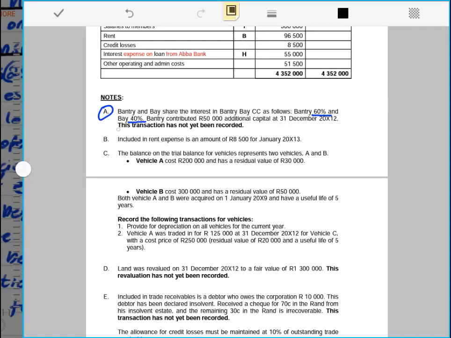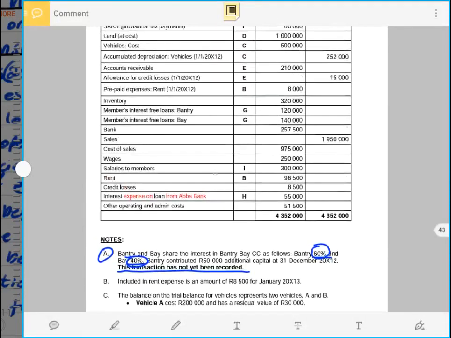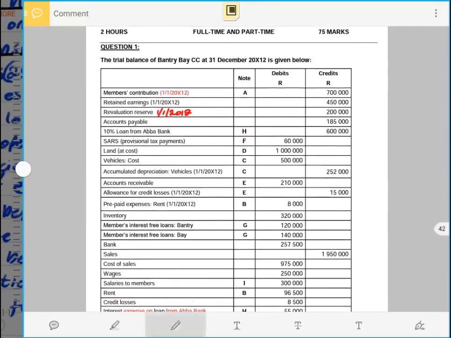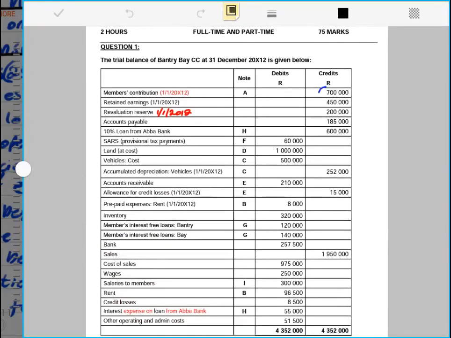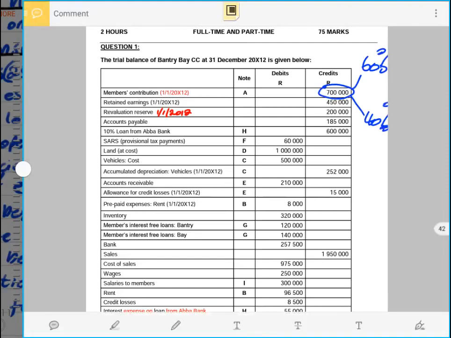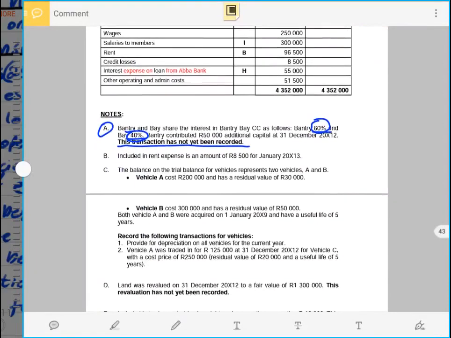So now we know that this entry will affect the statement of changes in equity. The reason we are given the 60% and the 40% of their interest is for us to be able to split the 700,000 rands of the capital contribution by the beginning of the current year.